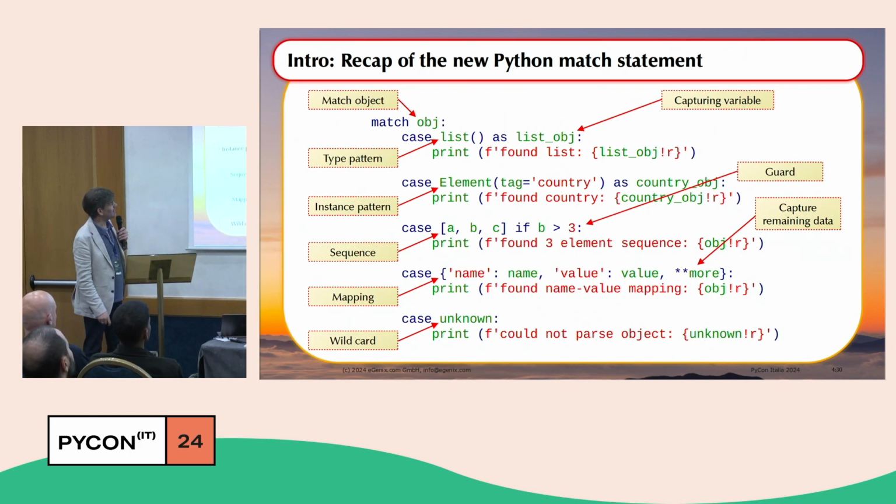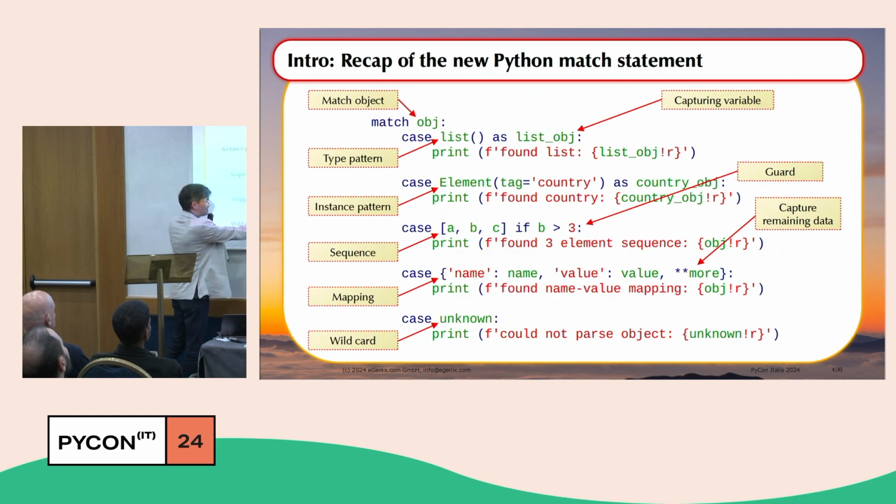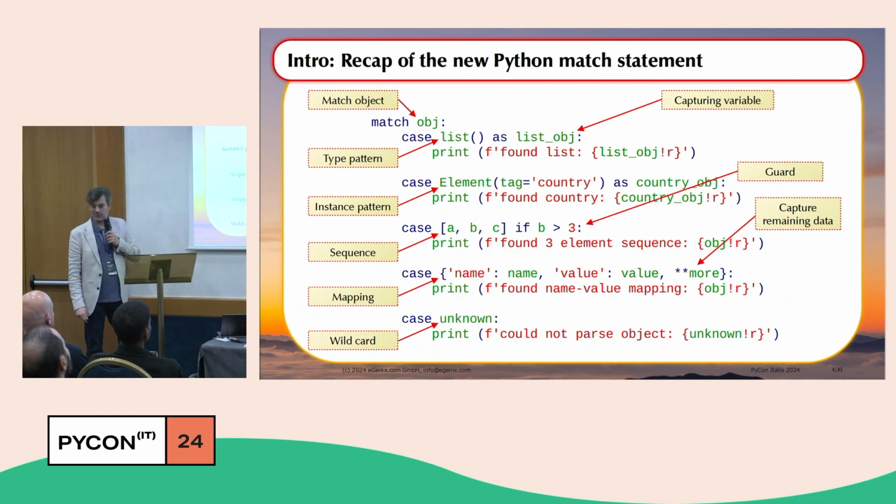Those are called type patterns. Well, the first ones are called type patterns. The other ones are called instance pattern. And then you can have a sequence pattern and a mapping pattern. And then you have a wildcard pattern down here. I usually basically give it a name, but you can also just use a single underscore for that. So that's basically matching everything that you can put into object.